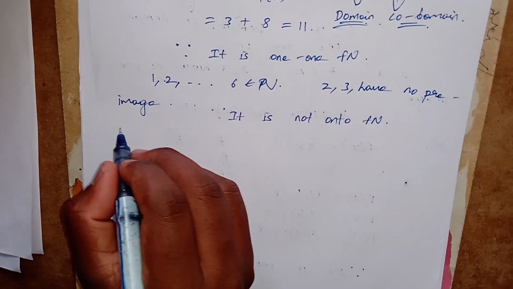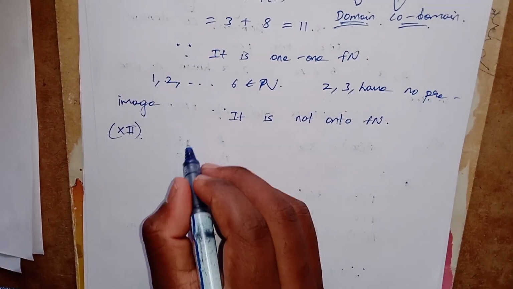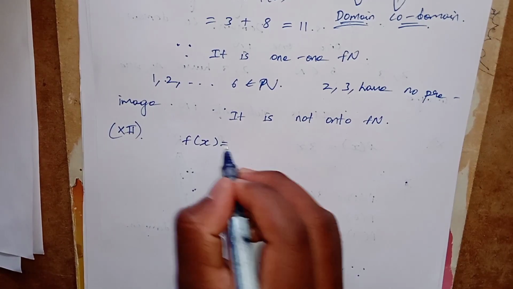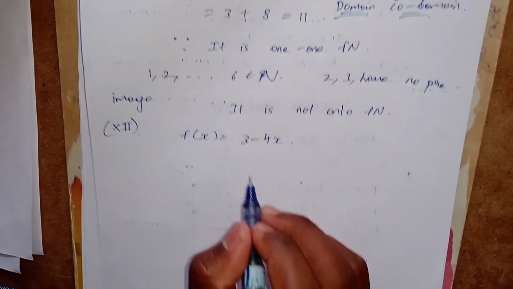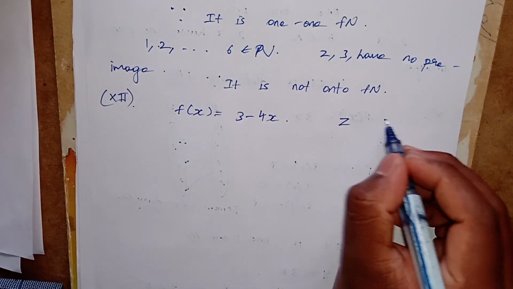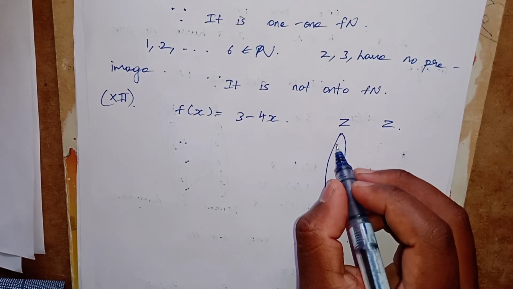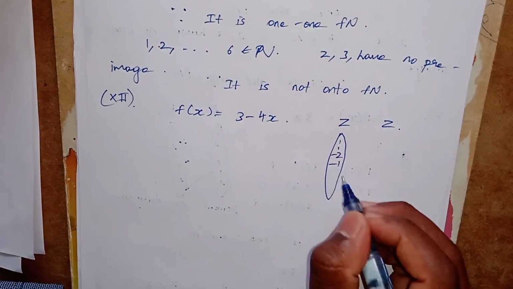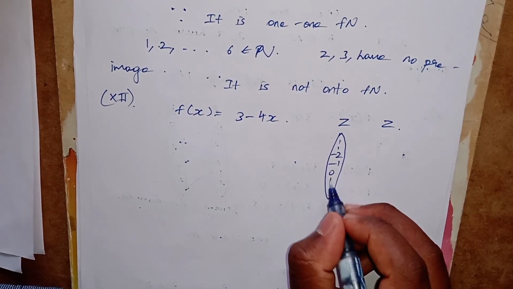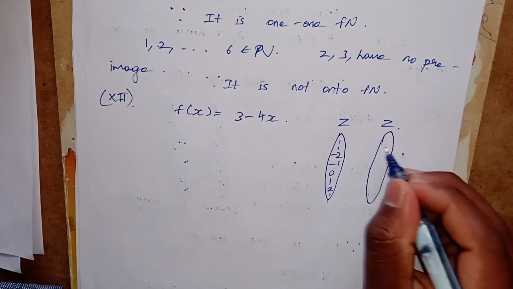Okay, next subdivision 12. The same function f of x equal to 3 minus 4x. Here integers to integers, minus infinity to plus infinity. I am taking only a few examples: minus 2, minus 1, 0, plus 1, plus 2 up to plus infinity. Here also the same.